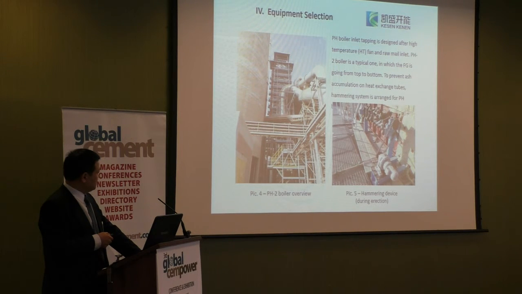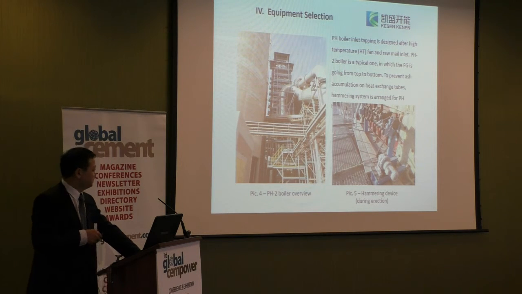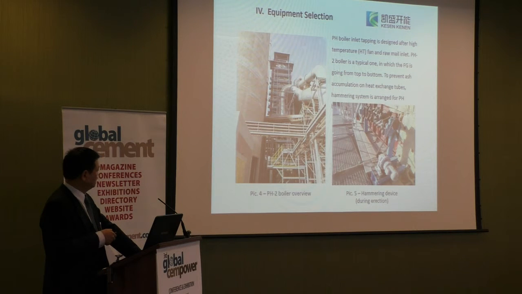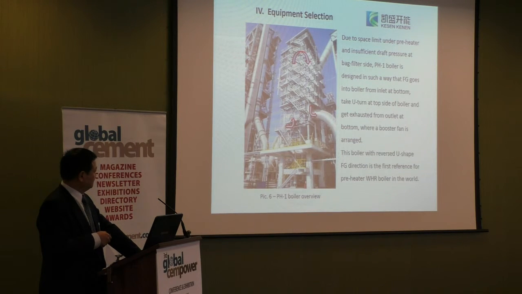This photograph shows the PH boiler. It's for PH 2, for 4,000. It's a harmony system for the PH 2 and the kiln reaction stage. This is PH 1.